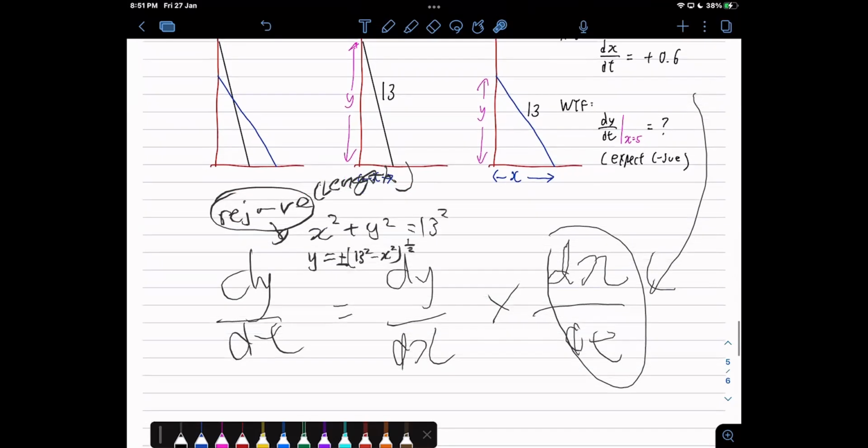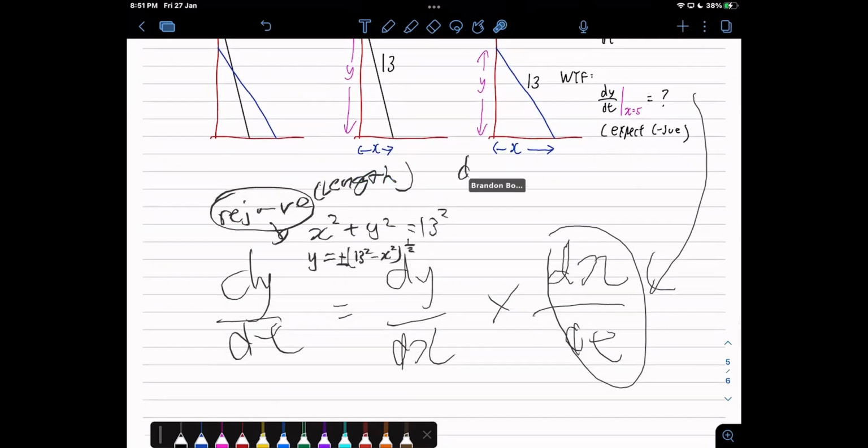Let me just scroll down so you have more space. Wait, hold up, too fast already. Good. Then chain rule, minus 2x.